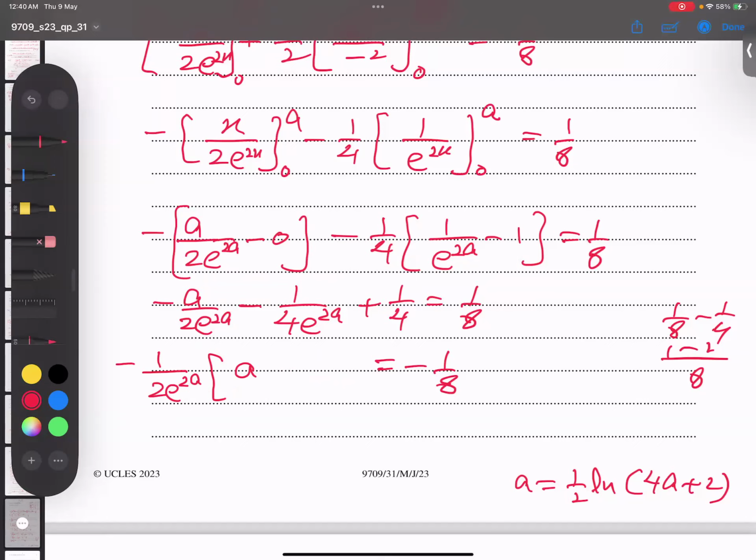I can say here positive 1/2. Let me recheck. Yes, this is okay. And 2a plus 1. Yeah, it is correct. Okay, and let's proceed.